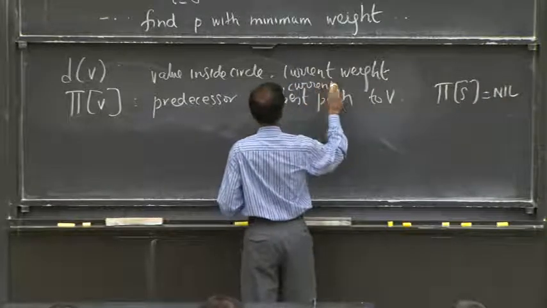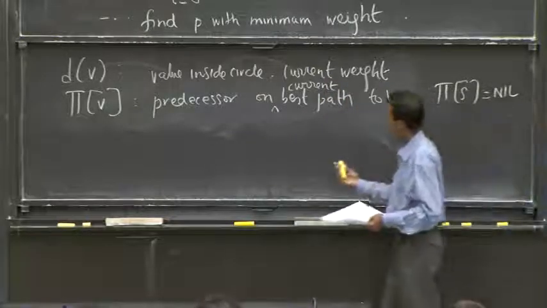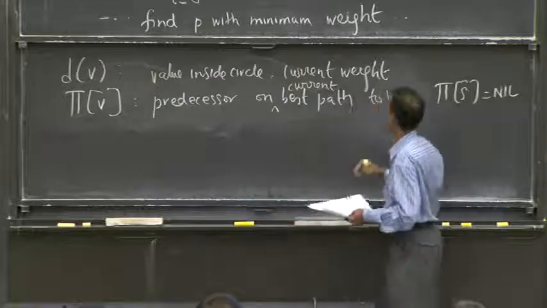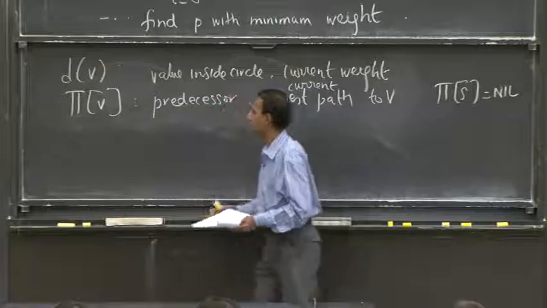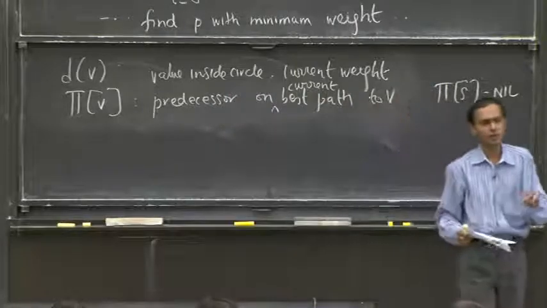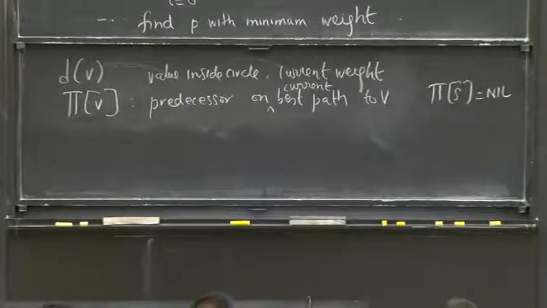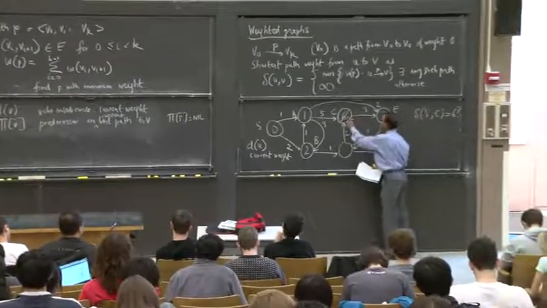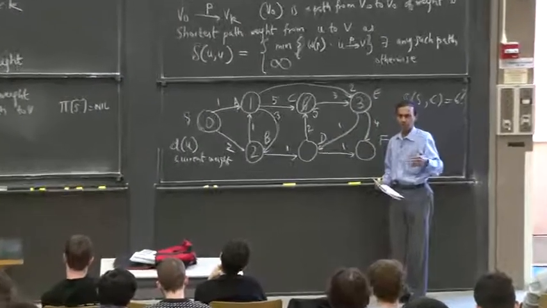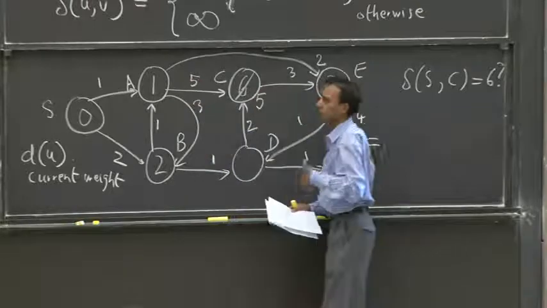modified as well. Right now, when you're working and trying to find the path, you have some particular path that happens to be the current best path, and that's a sequence of vertices that you can get by following the predecessors. Once you're at a particular vertex E, you look at pi of E, and if that points you to C, then you look at pi of C, and that might point you to A, and so on and so forth.